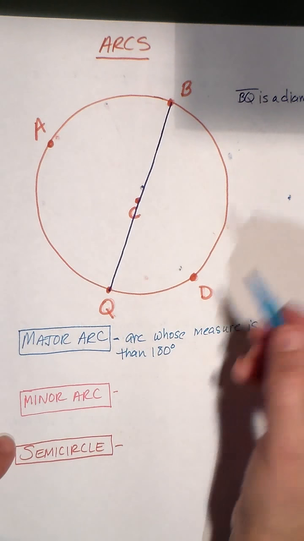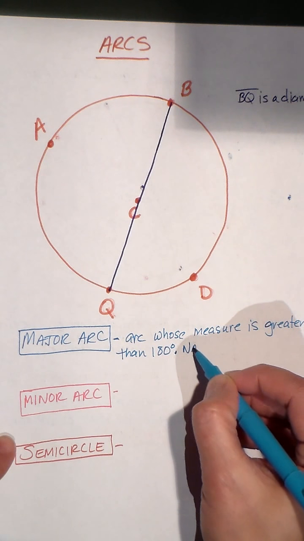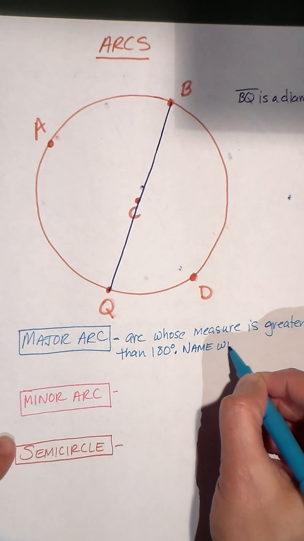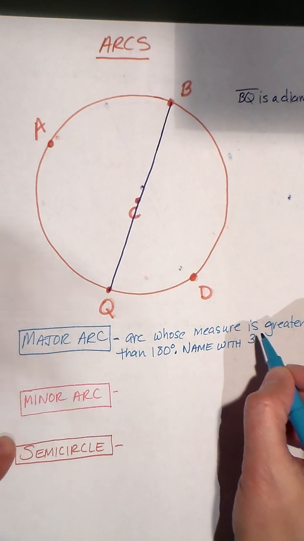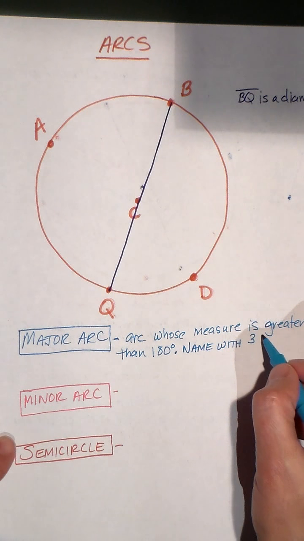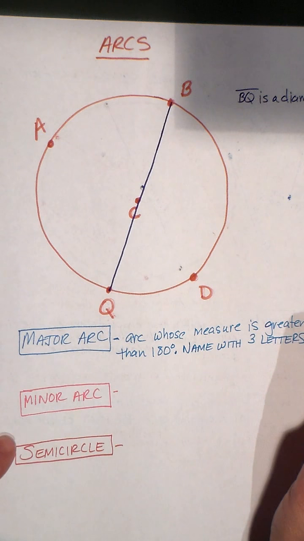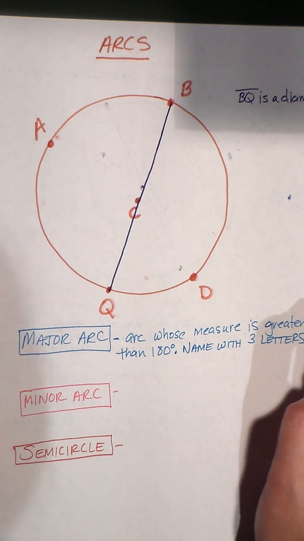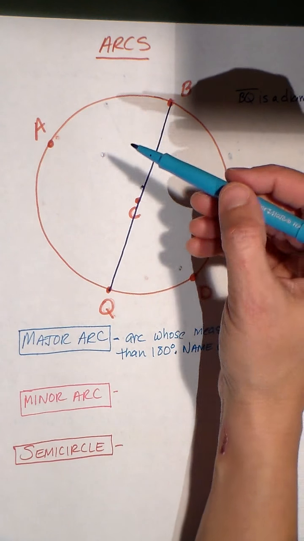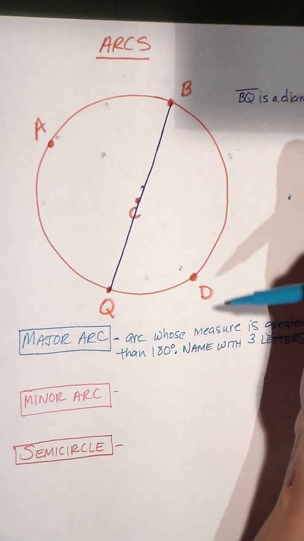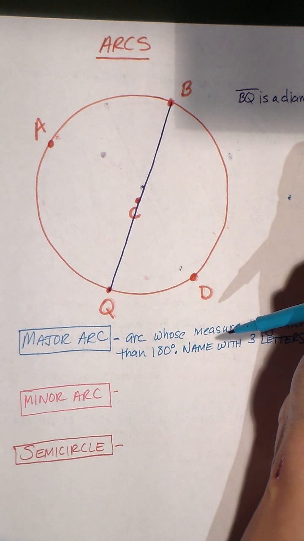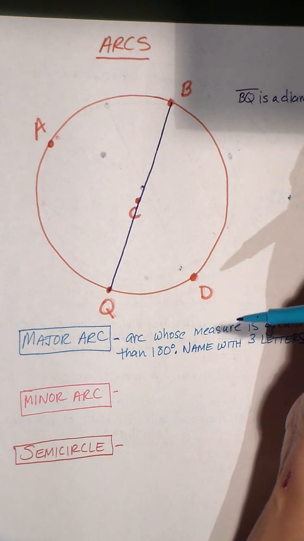When you look at the picture, you also name these with 3 letters. Okay, you're going to name these with 3 letters. So if I want to name major arcs here, the major arcs are 3 letters. They have to be greater than half the circle.